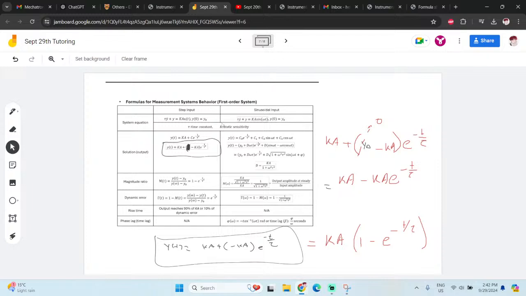If you look at the system equation, it's tau y prime plus y equals K A u(t), or equals K of A in that case. Then you will get the y, the total. So Ka is kind of the total.